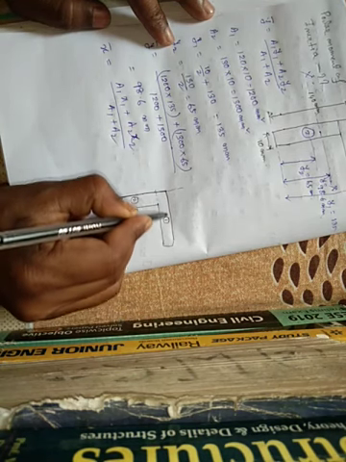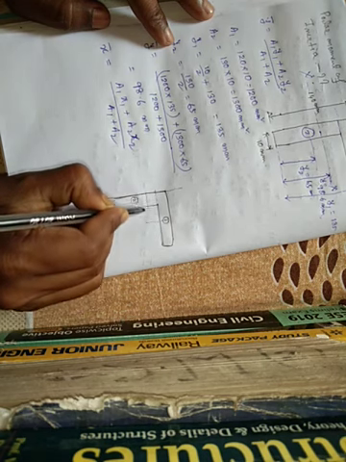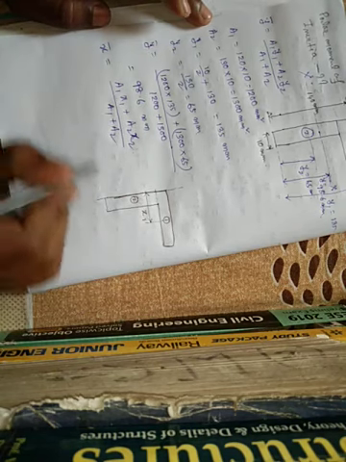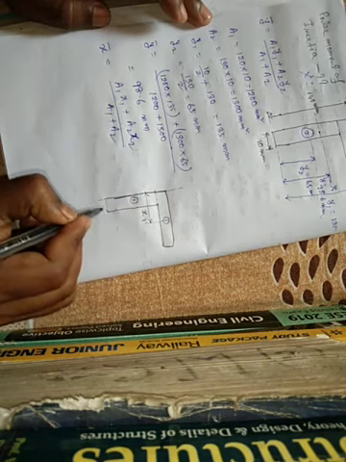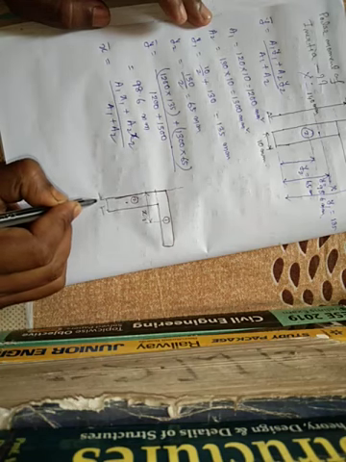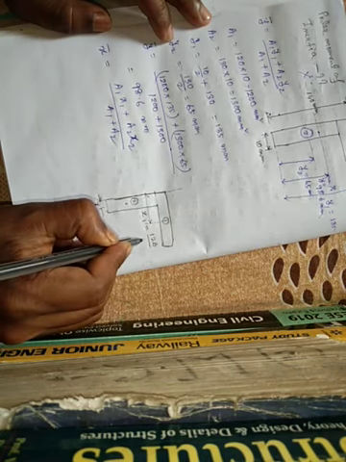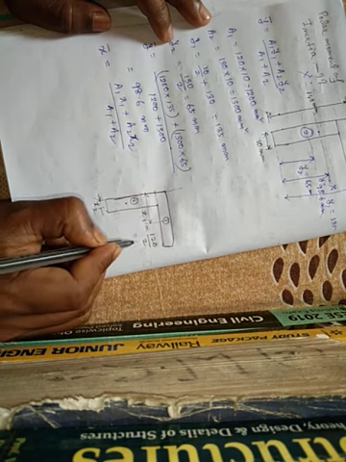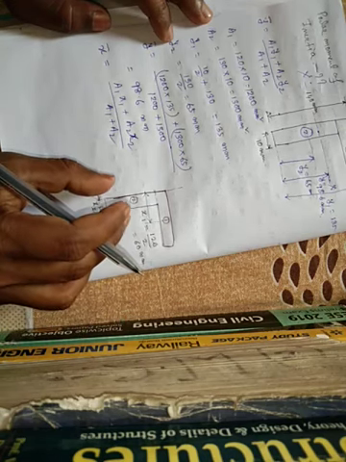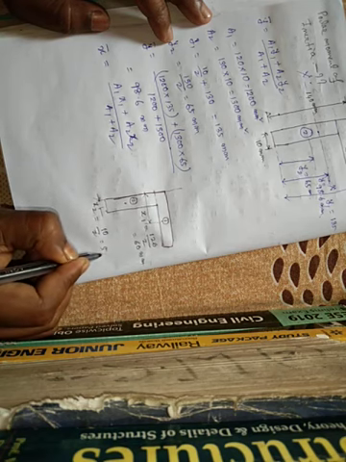So x1 will be the center of this rectangle, that means 120 divided by 2 is equals to 60 millimeter, and x2 is the center of this rectangular section, which is the thickness of the web of the angle section, 10 divided by 2 is equals to 5 millimeter.